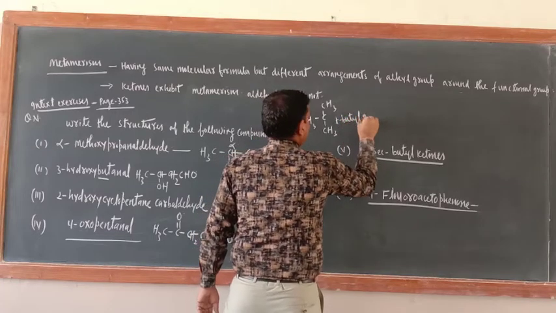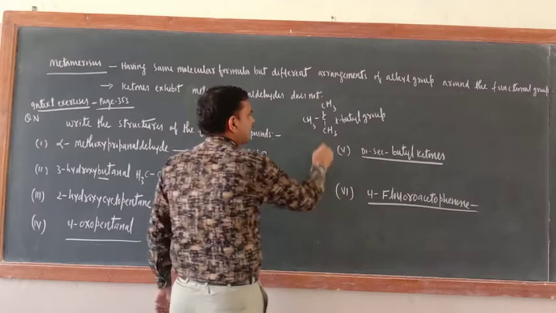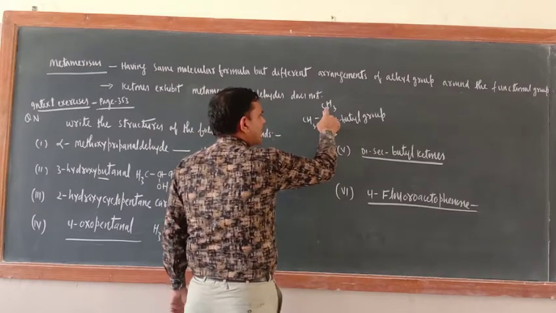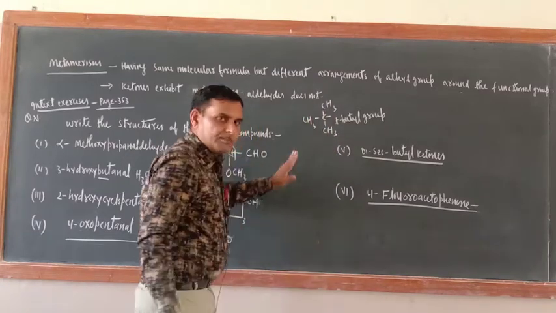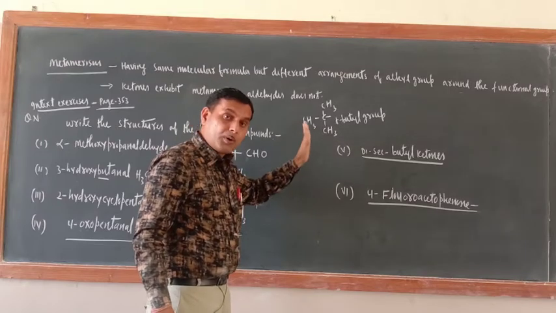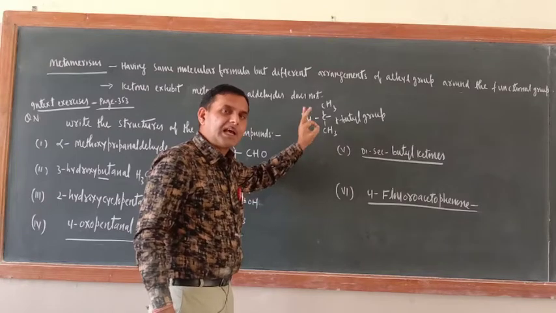T-butyl group. Tertiary butyl. Why is it known as tertiary butyl group? Because this alkyl group is attached at a 3 degree carbon atom. Okay, I am talking of this group before bonding with the chain. Right now this is the T-butyl alkyl group.